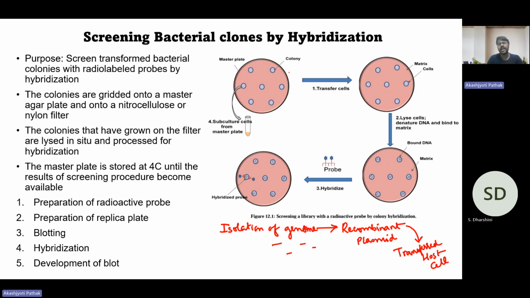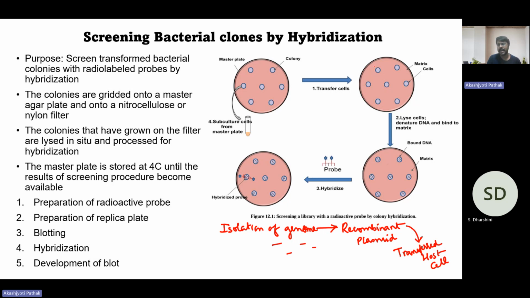You take a separate agar plate, and one method is you can label these colonies, and then transfer these colonies onto a new agar plate. So you plate this on a separate, new agar plate, and a replica plate is created. Your replica plate will also have the same colonies.